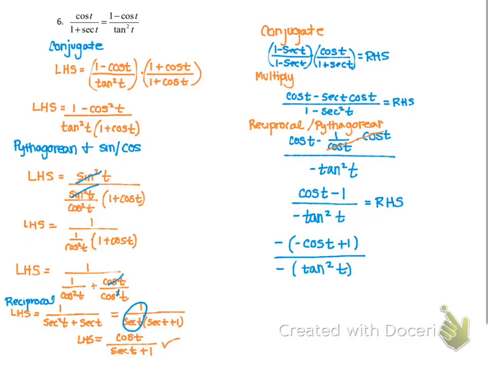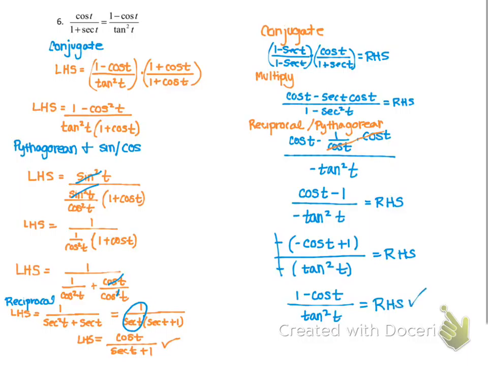And a negative over a negative is going to simplify. And then I'm going to rearrange that top and write 1 minus cosine t over tangent squared, which is equal to my left-hand side.